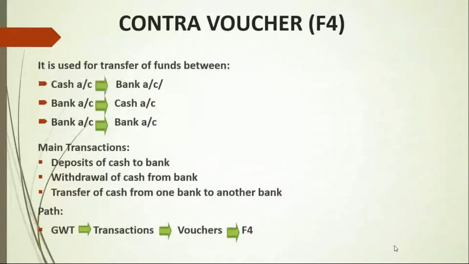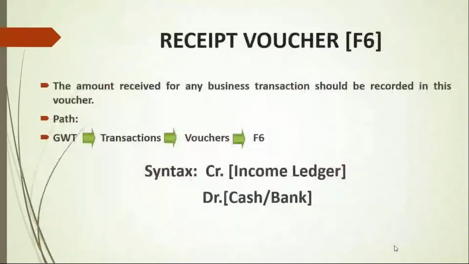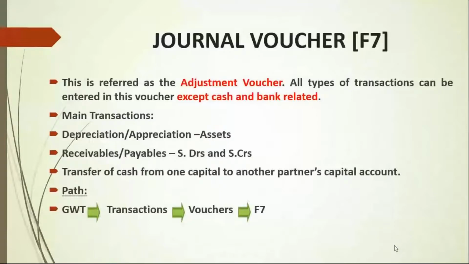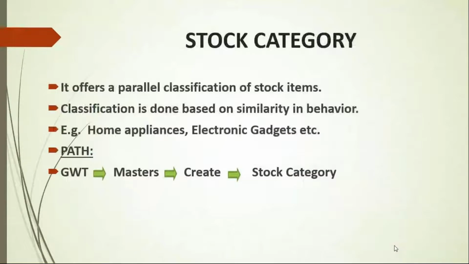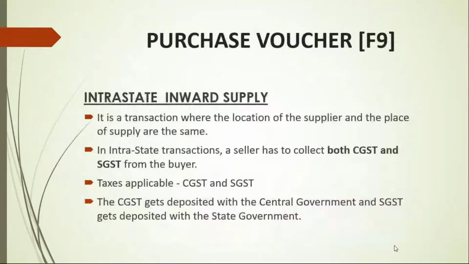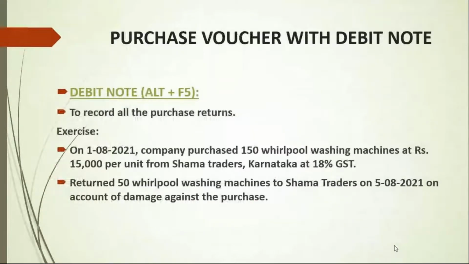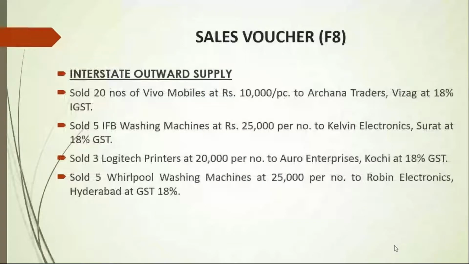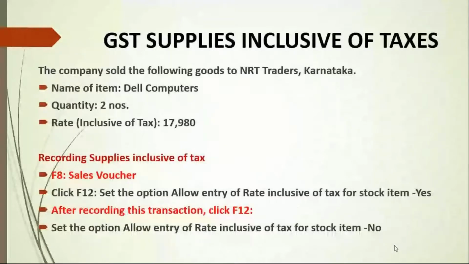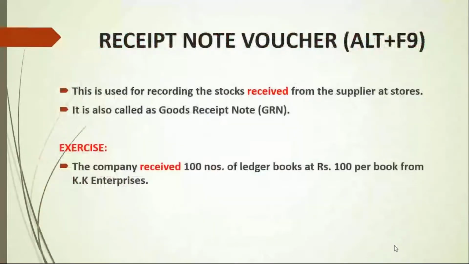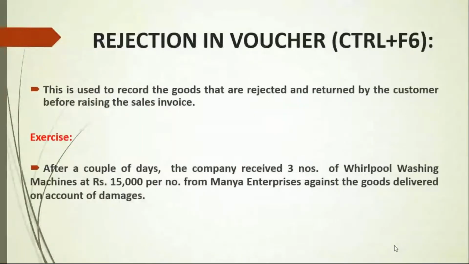Then we had the payment voucher, after that the receipt voucher, and the journal voucher. Then with the inventory section, we first had the purchase voucher, then the debit note, sales voucher, credit note, stock journal, physical stock, and receipt note voucher, rejection out, delivery note voucher, rejection in voucher.